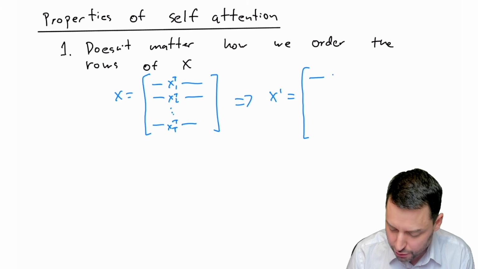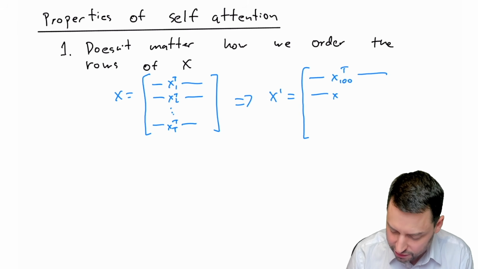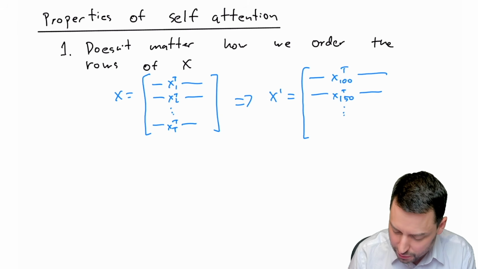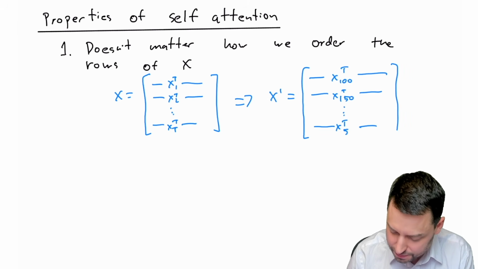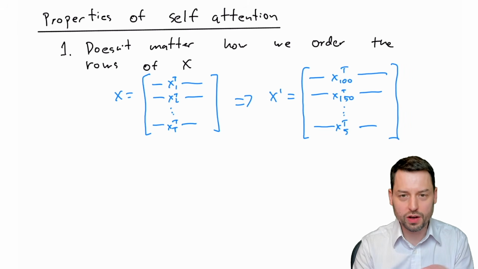Maybe the first row is X100, the next row is X150, etc., all the way down to, say, X5 as the last row. So this is just some reordering of the rows of X.